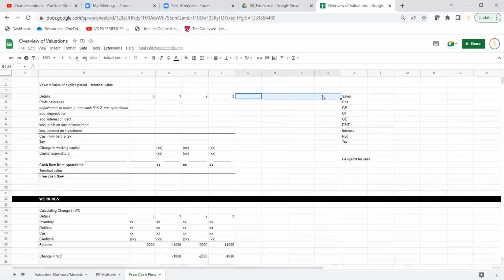The terminal value captures the value from after the explicit period. Now, the terminal value will bring the value at the beginning of year 4. So year 4 is when the terminal value starts, because year 3 is when the explicit period ends, up until the end of time.